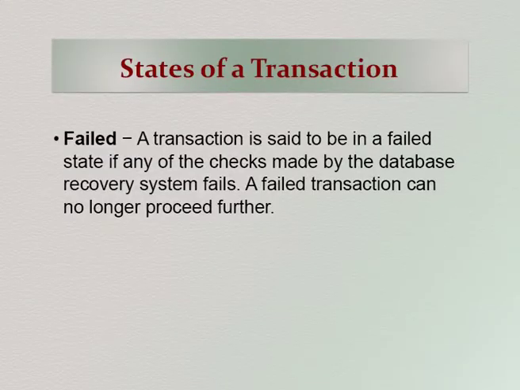Then the next state is the failed state. A transaction is said to be in the failed state if any of the checks made by the database recovery system fails. A failed transaction can no longer proceed further. Suppose a database has some sort of validation or verification mechanism, checking a login or password of a user against the database, and it is unable to move further.